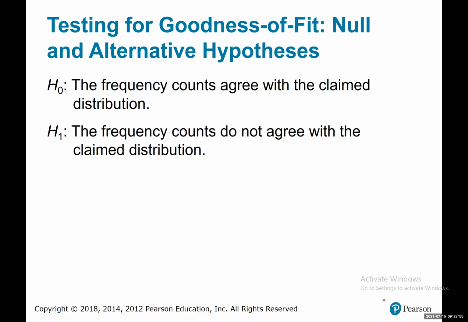Null hypothesis, alternative hypothesis. You would say that the frequency counts agree with the claim distribution. The alternative: the frequency counts do not agree with the claim distribution. So that's pretty much for all of them. You can write them in terms of P and others, but you can always write it this way for a goodness of fit test: the frequency counts agree with the distribution.